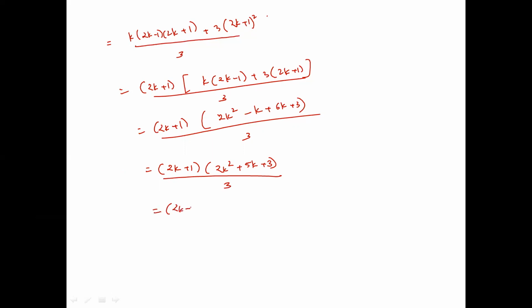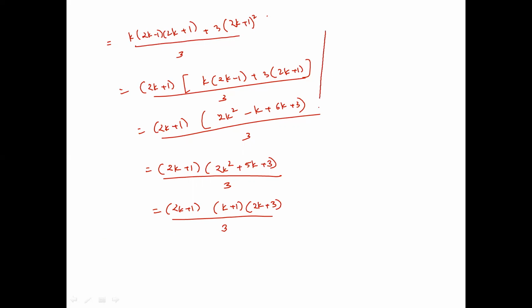Now writing 2k plus 1, I'll factorize 2k square plus 5k plus 3. How to factorize it? One factor will be k plus 1, the other factor will be 2k plus 3. Denominator 3. This is what I got.